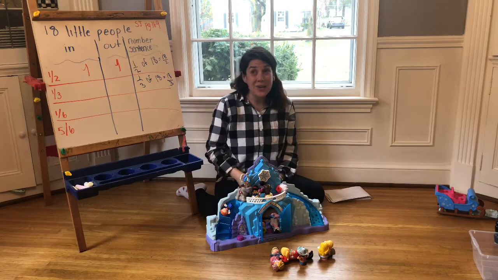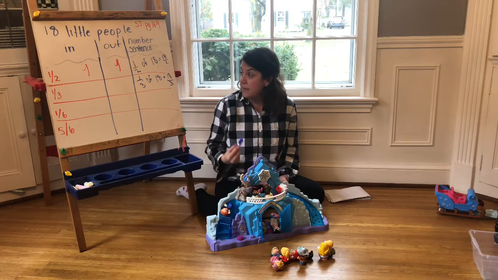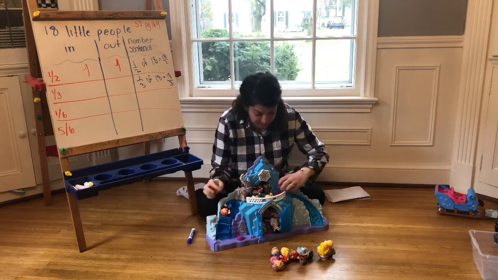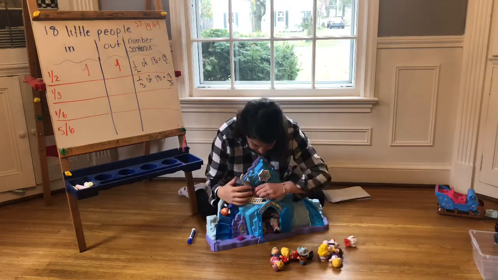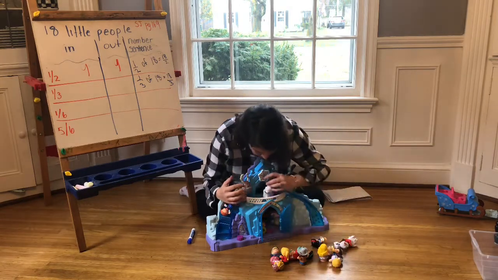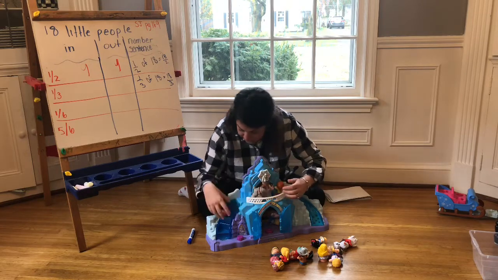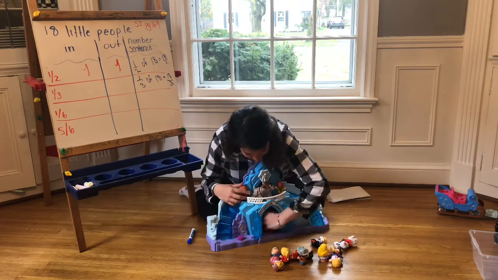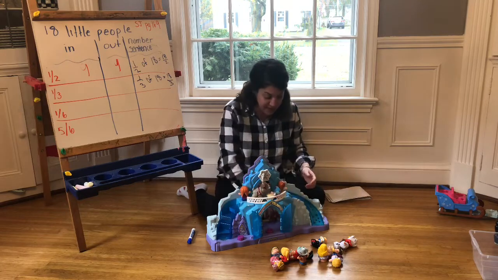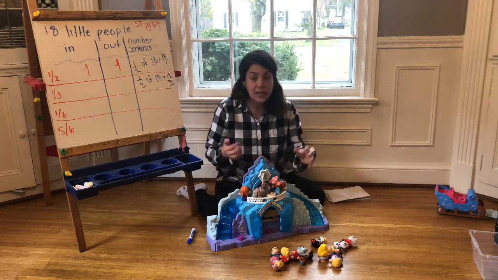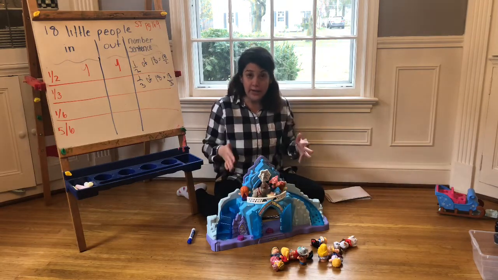Well, I know 18 divided by 3 would be 6. So let's make sure. 1, 2, 3, 4, 5. Oh, my piggy fell out. 6 little people are in Elsa's Castle.